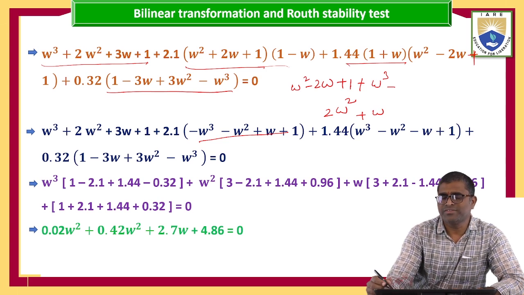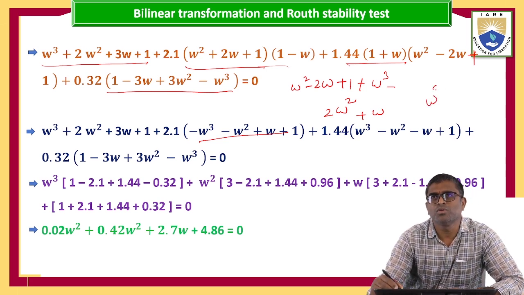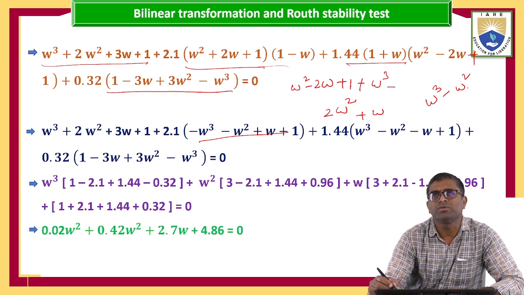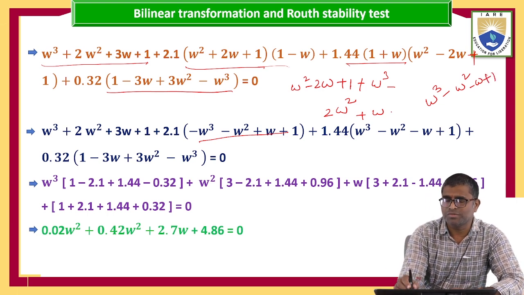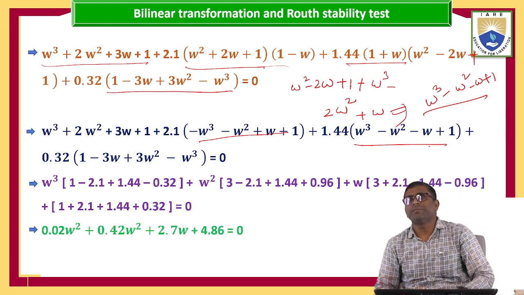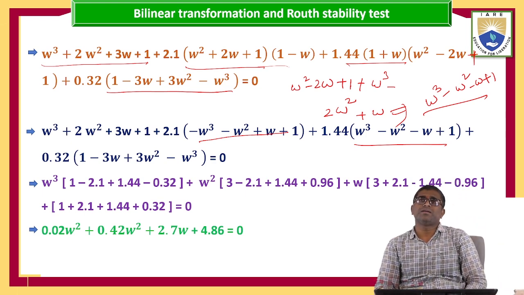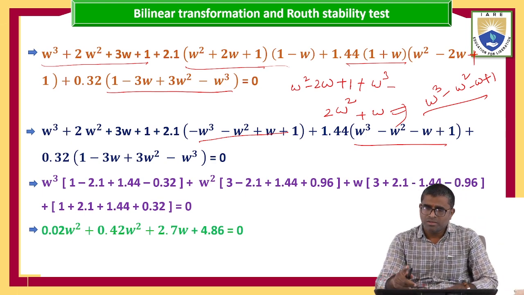So, we got it as omega cube minus omega square minus omega plus 1. If you simplify this one, we got the value. This is your value: omega cube minus omega square minus omega plus 1.